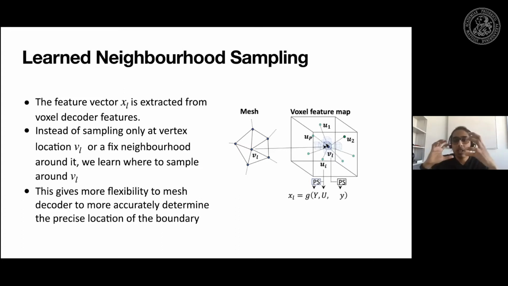So sampling refers to performing interpolation using the voxel and vertex positions. Once you do this type of sampling, it will extract information at the location of the coordinate.